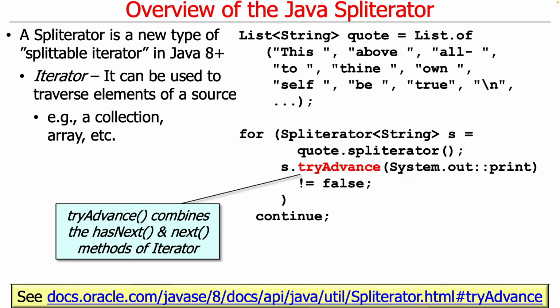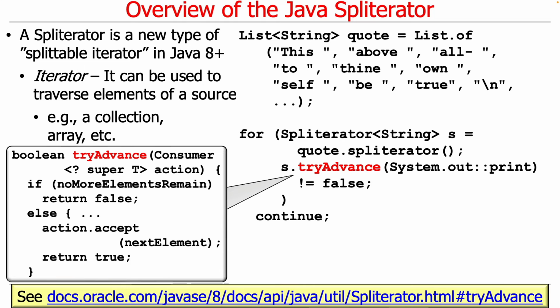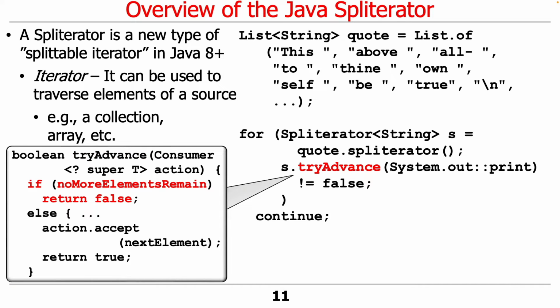And the doing that it does is it is given a method reference, or a consumer, and we'll take a look and see what this does. So this is how tryAdvance works. You can see tryAdvance is passed a consumer, and if there are no more elements in whatever you're iterating over, like if you're iterating through this list of strings and you've exhausted them all and emitted all the strings, then no more elements remain, so you return false, nothing happens.